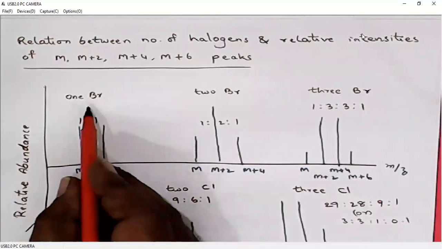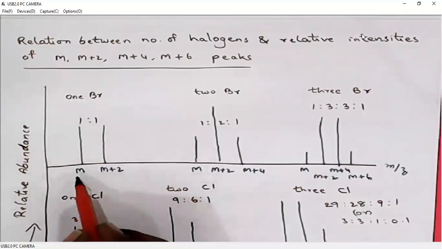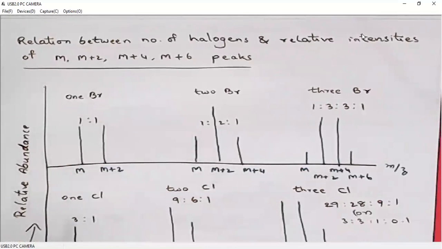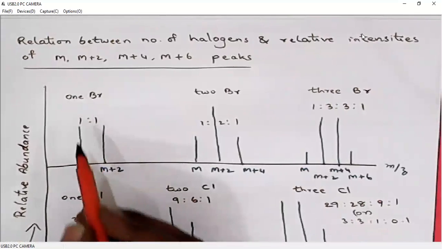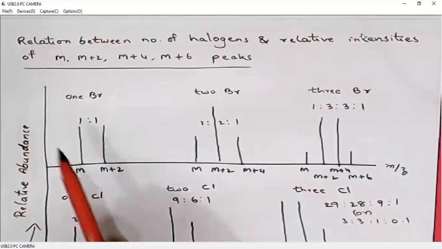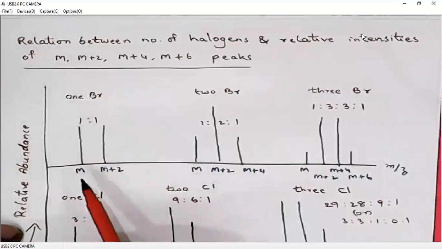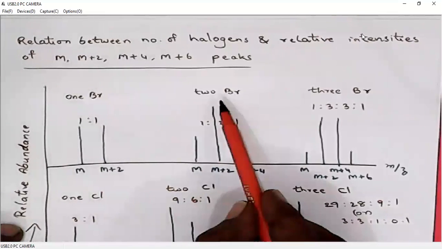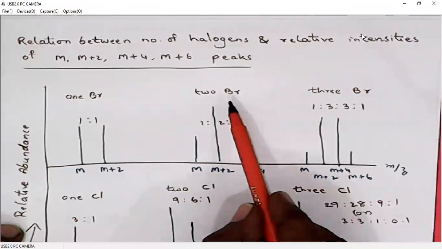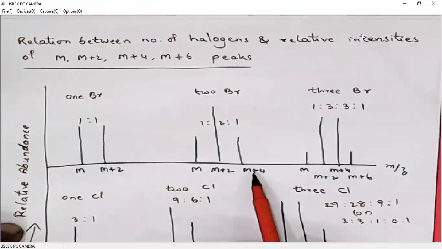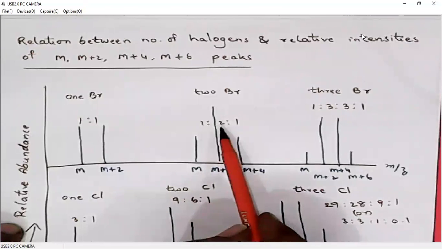If you have one bromine in the molecule, then the M and M plus 2 peaks will appear in a 1:1 ratio, since the two bromine isotopes are available at 100% and 98%. If we have two bromine atoms in the molecule, we will get three peaks, M, M plus 2, M plus 4, with a ratio of 1:2:1.